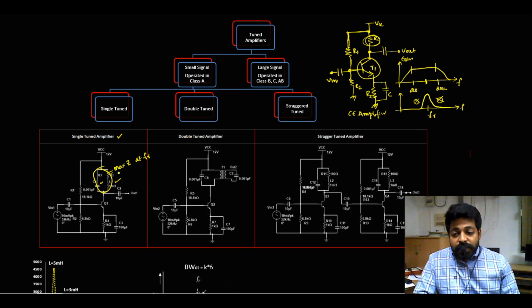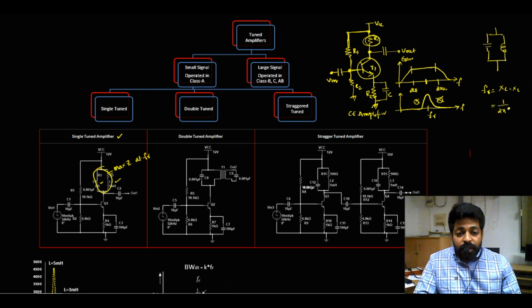At resonant frequency FR, the tank circuit consists of a capacitor and an inductor. At resonant frequency, F is equal to FR, XC is equal to XL. If you solve this, we get the formula FR equals 1 by 2 pi root LC.